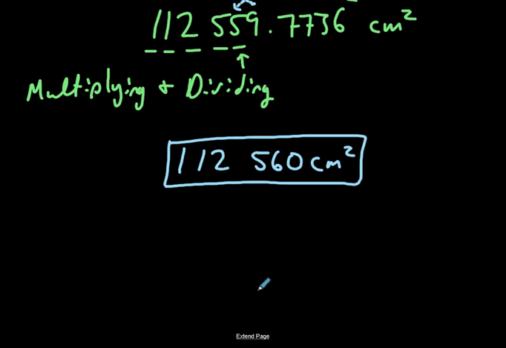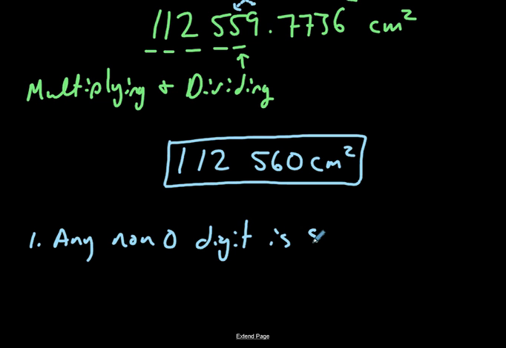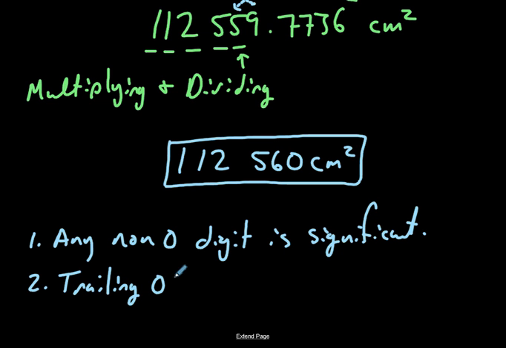Okay, so the next question is, what values are considered significant to begin with? So here they are. Any non-zero digit is significant. Trailing zeros are not significant.